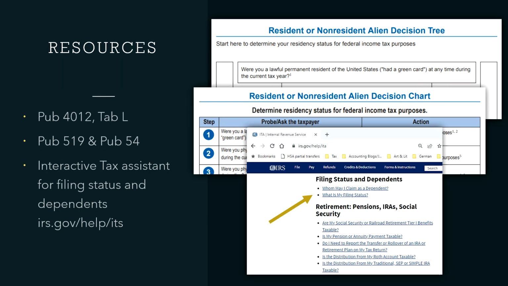And remember, if you get stuck figuring out the alien status of a client, or if you're looking at a problem on the test even, we have our resources.